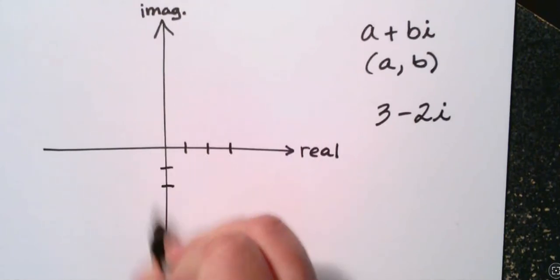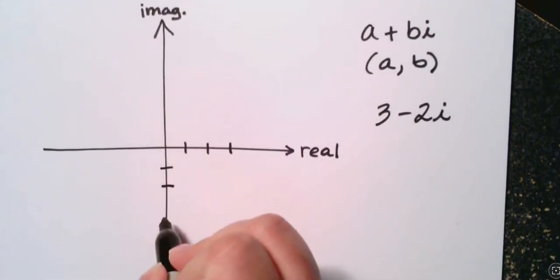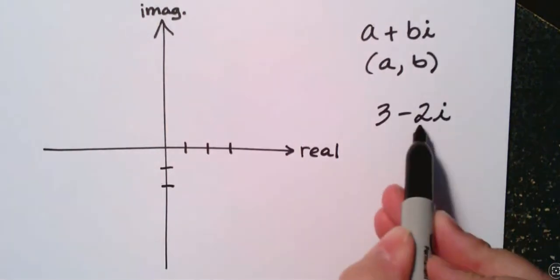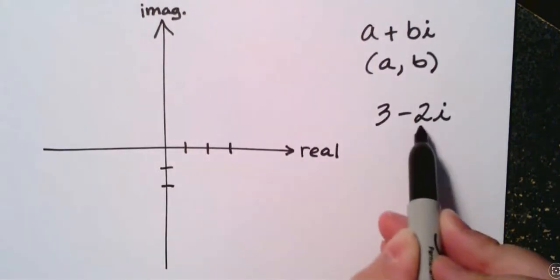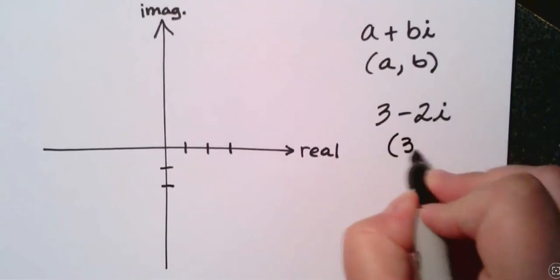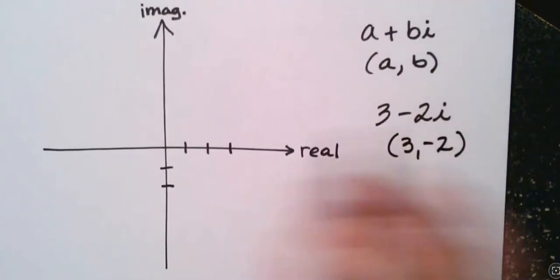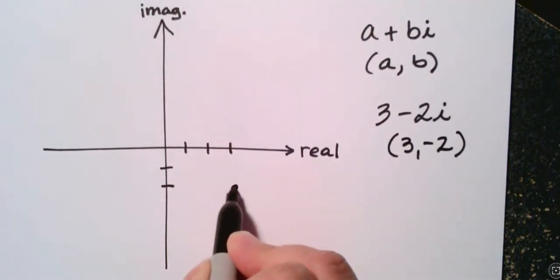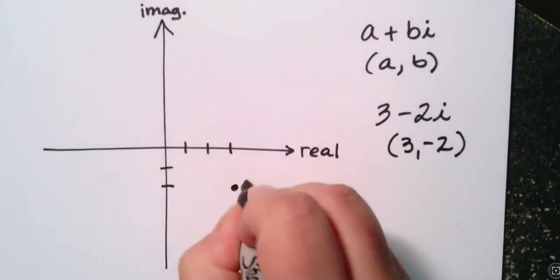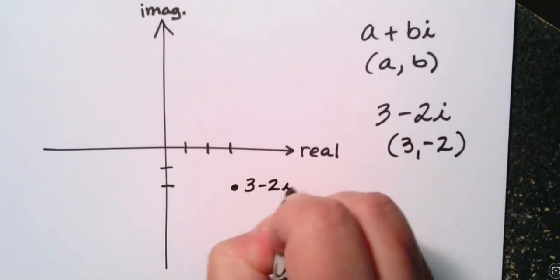The i is implied by the fact that I'm using this axis for that number. So I don't have to do anything special with the i. Just take the number in front of it and represent it as the vertical part of getting to my point, the vertical direction. And so basically it's like graphing this point right here. So 3 to the right, down 2, and there is that point. So that is the point 3 minus 2i.